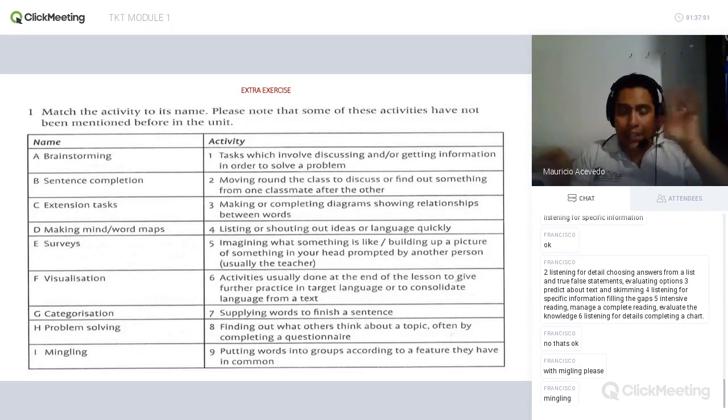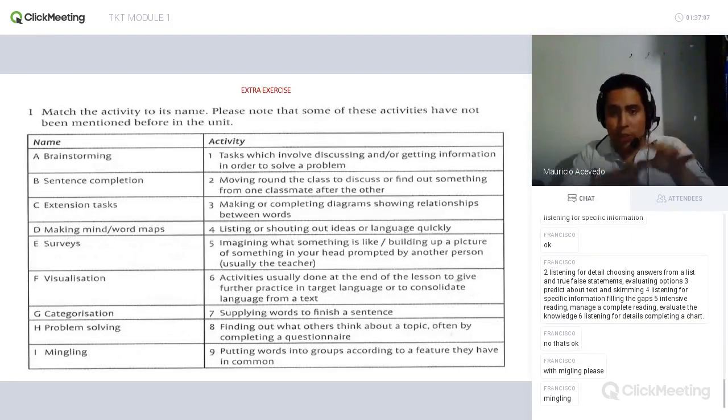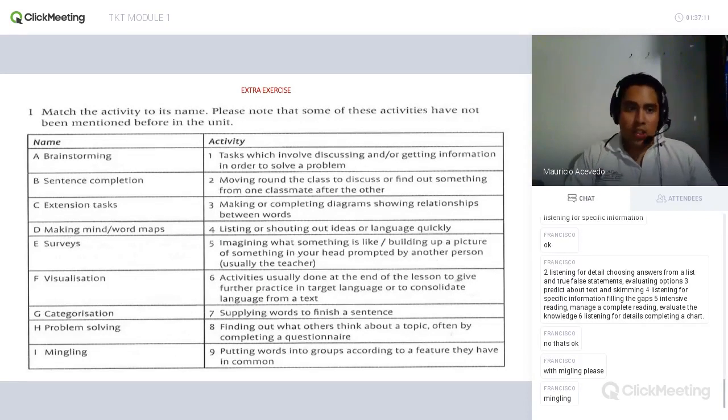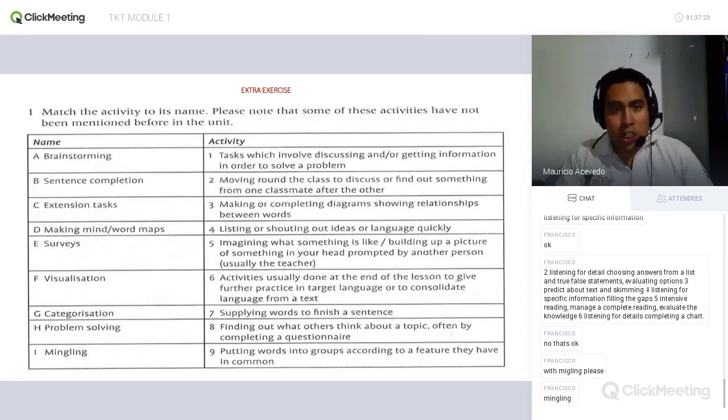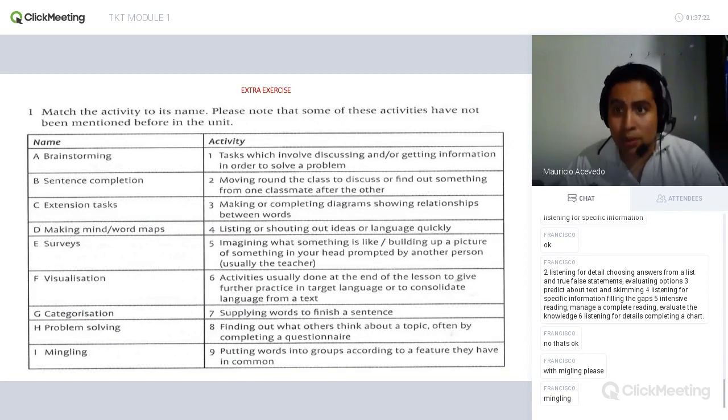So you are getting the information, but according to other students. And obviously, you as a teacher, you need to be monitoring near the classes. So that is mingling, to get more and more information, and everybody will get the context and will answer and so on. So what do you think is the activity, Francisco, in this number, letter L?